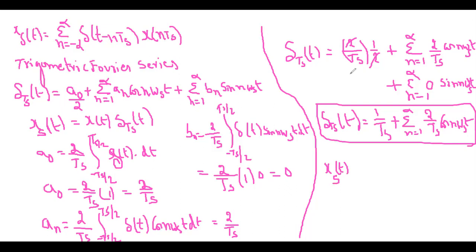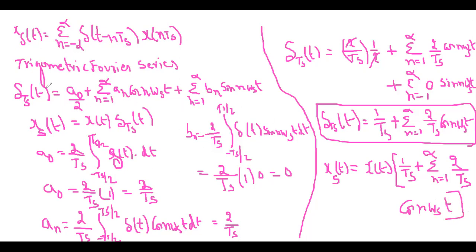Okay, xs of t is equal to x of t into delta ts of t. What is the delta ts of t? We got 1 by ts plus sum of n is equal to 1 to infinity 2 by ts cos n omega s into t.